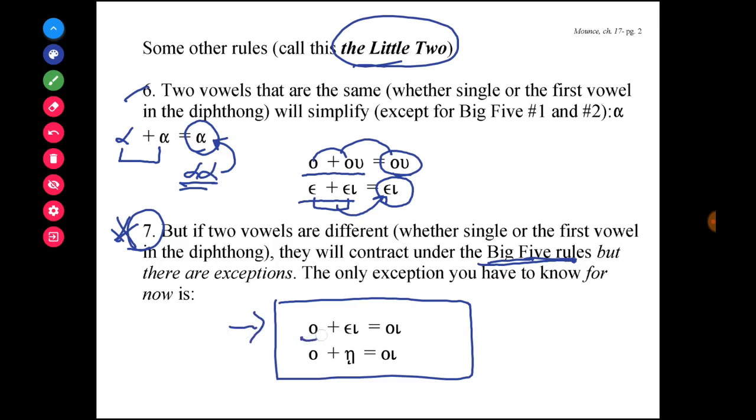When the stem ends in omicron and you combine it with a verb suffix that has a connecting vowel epsilon, the epsilon drops and the sum of the vowel contraction is omicron iota. And when omicron combines with an alpha with iota subscript, it also becomes omicron iota.